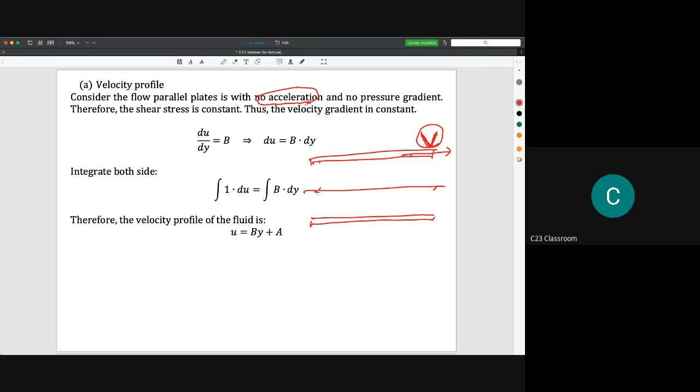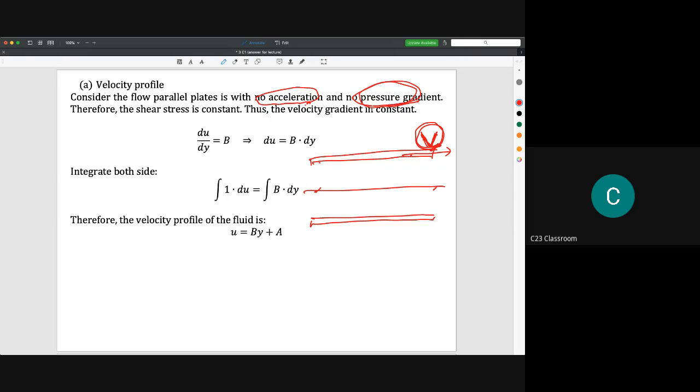So the parameters are pressure and velocity. If you have constant velocity, for sure you will have constant pressure, because an increment of pressure leads to a decrement of velocity. If the velocity is constant and the potential energy does not change, then your pressure is constant, so there is no pressure gradient.